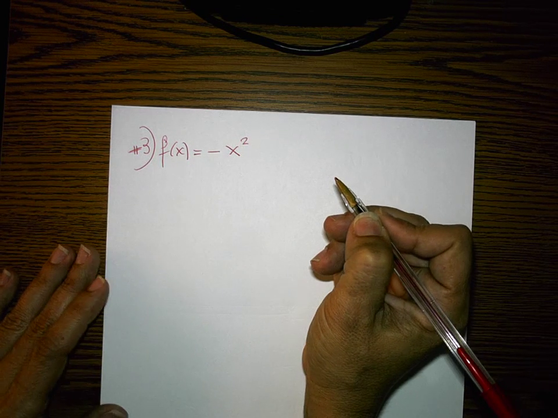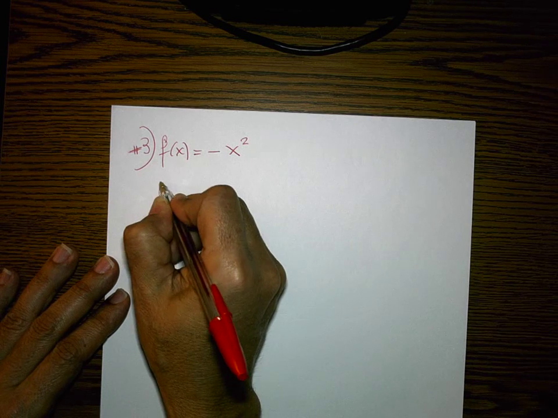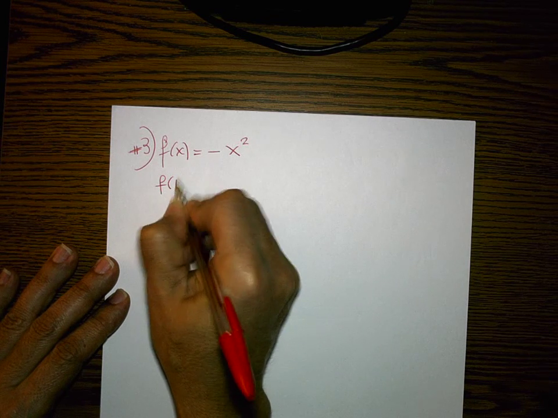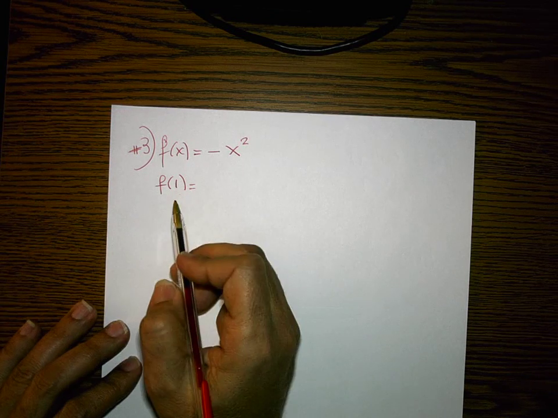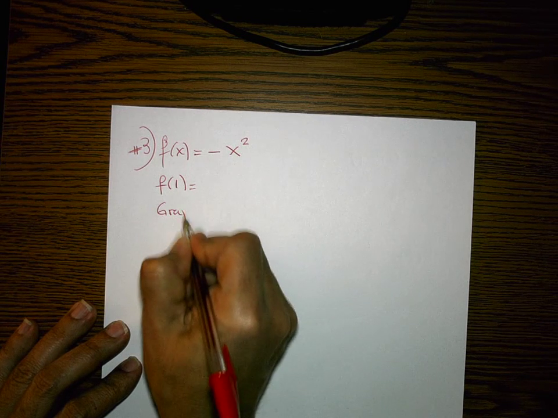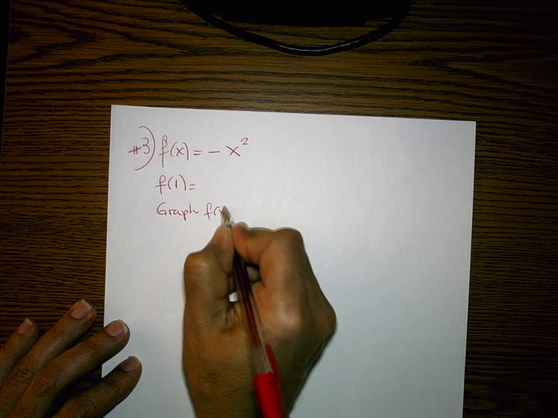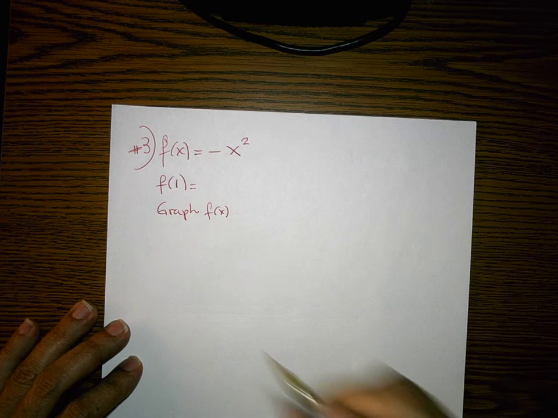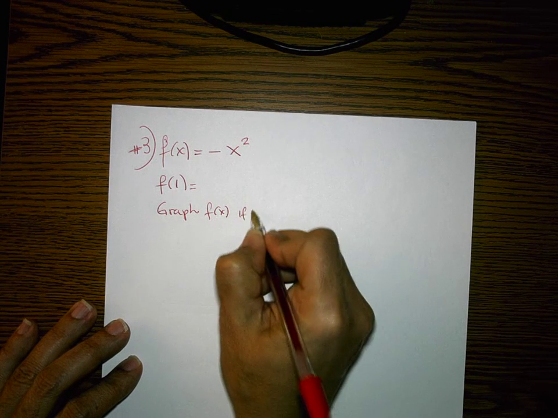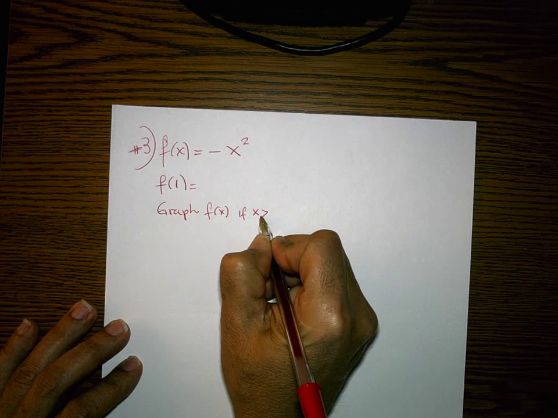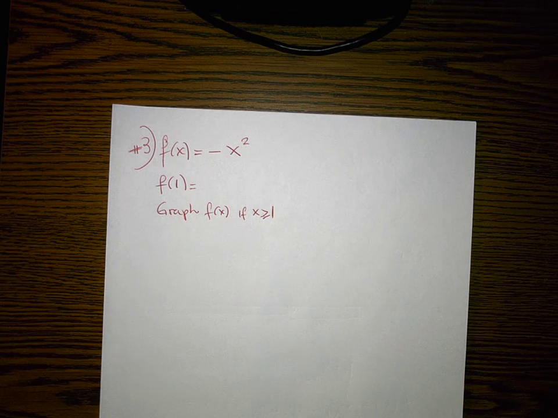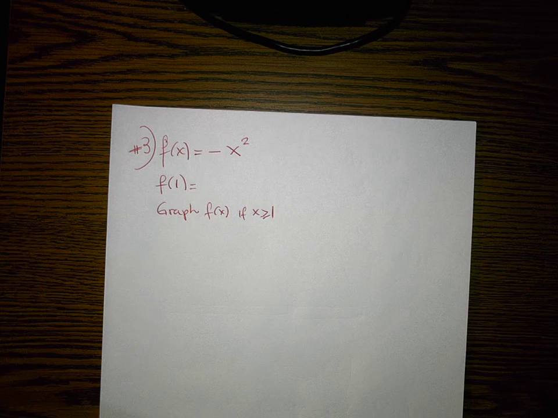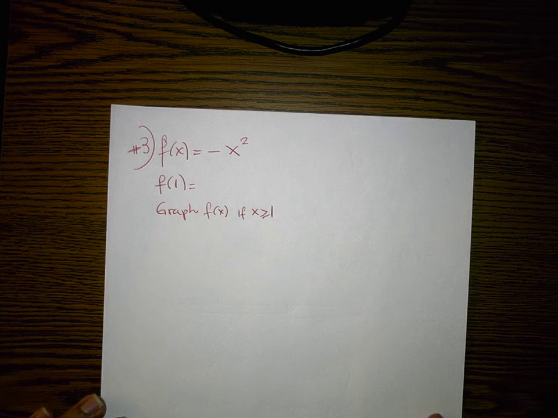And it asks us to graph f of x if x is greater than or equal to 1. Let me check if that's what it says. Yep, greater or equal to 1. All right, so that's what it's asking us.